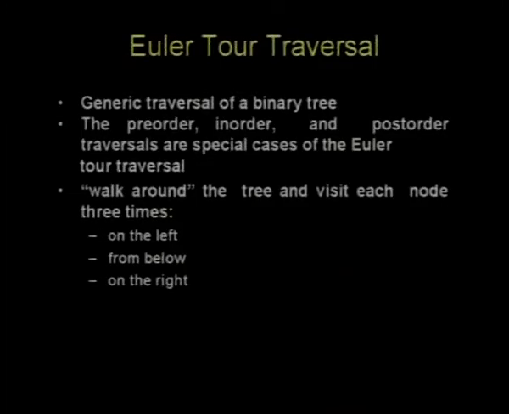So, in this lecture what we have done is we have spoken basically about binary tree traversals. We have taken a generic case of traversals called the Euler traversal, and then we have tried to tell you how the Euler traversal special cases lead to in order traversal, pre order traversal and post order traversal.